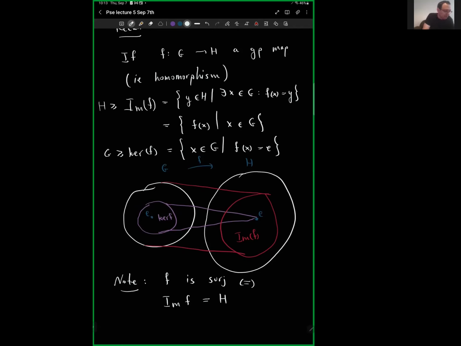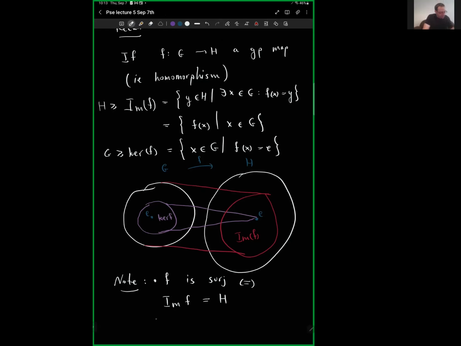You don't need F to be a homomorphism. The image of F is defined for any function from a set G to a set H, and the image of F is equal to the target set if and only if the function is surjective.